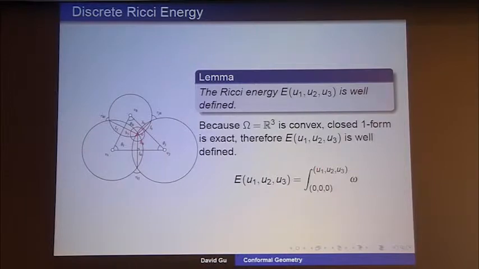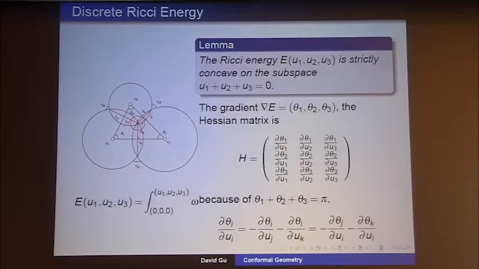Then basically, we define the energy this way, omega, as we defined before, from 0, 0, 0 to U1, U2, U3. So this gives you the convex energy. Then we can calculate the Hessian matrix of this energy. From the definition, we can determine the off-diagonal terms. Because theta 1 plus theta 2 plus theta 3 equals pi all the time, the diagonal element equals the minus summation of the other elements in the same row.